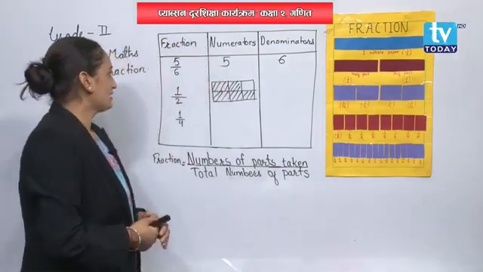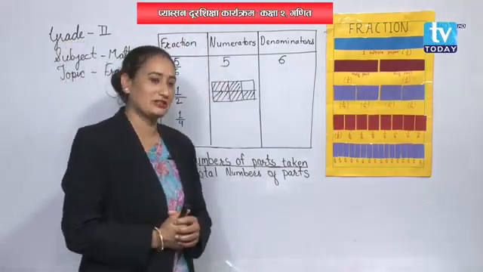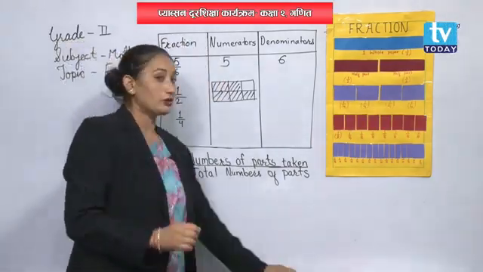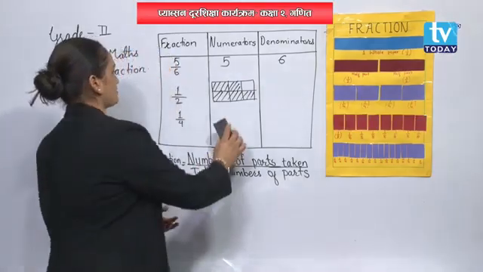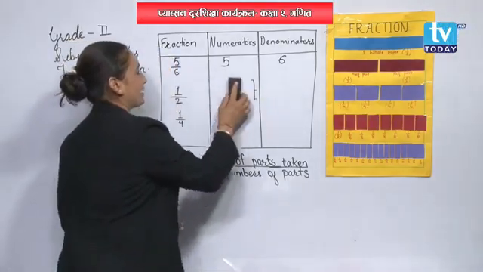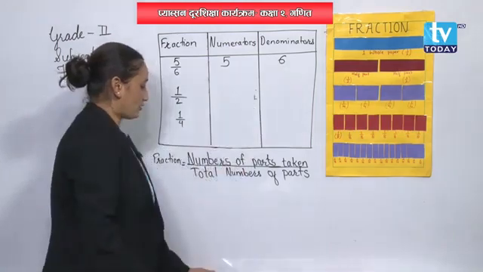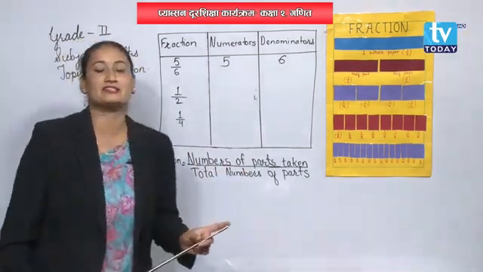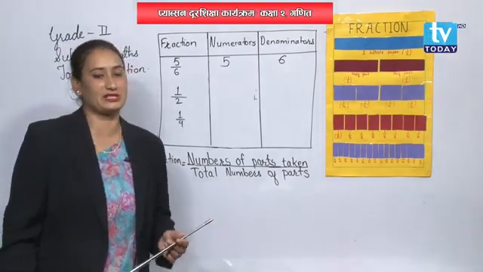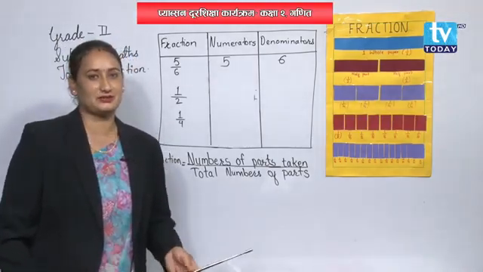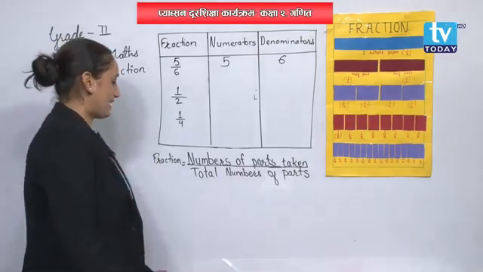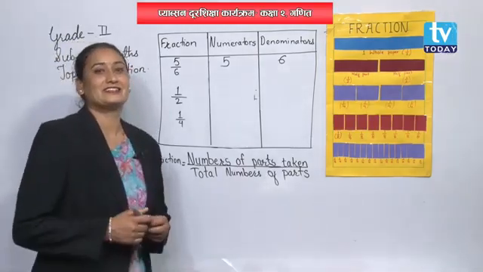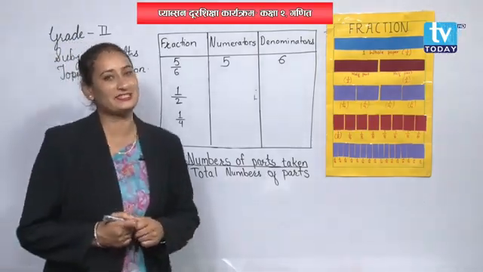Now students, let's do the next question, okay? You can write it in your copy also. Same as here. Now can you guess, in 1 by 2, which one is the numerator and which one is the denominator? Tell me students. Right, the upper one is the numerator and the lower one is the denominator.